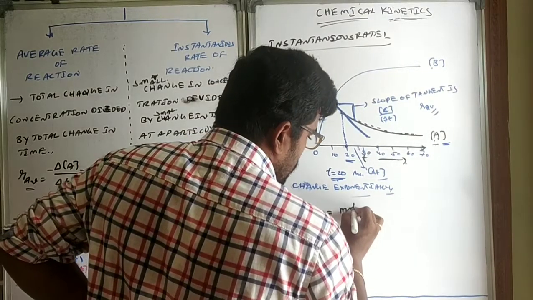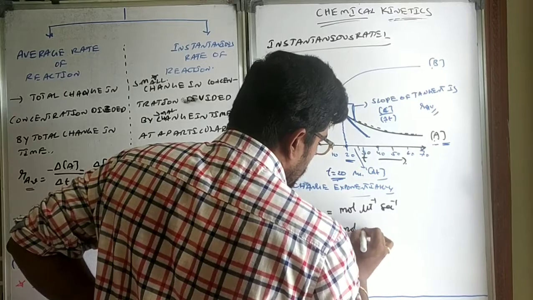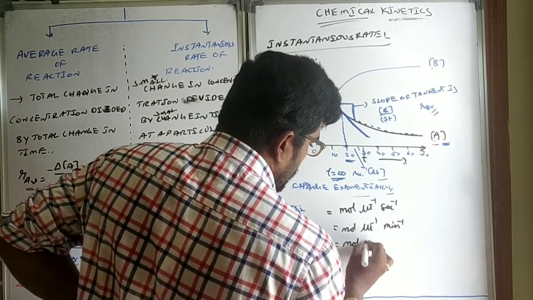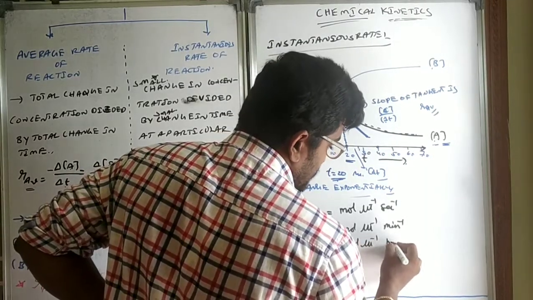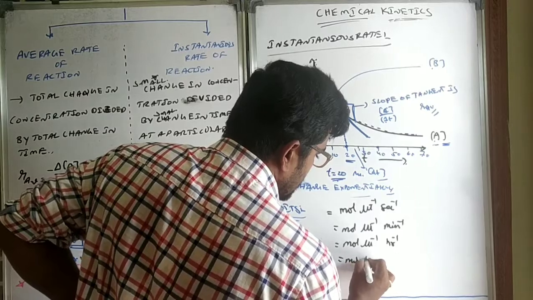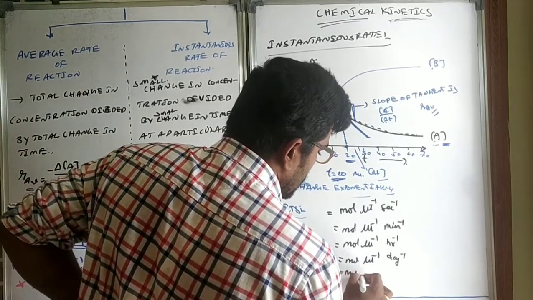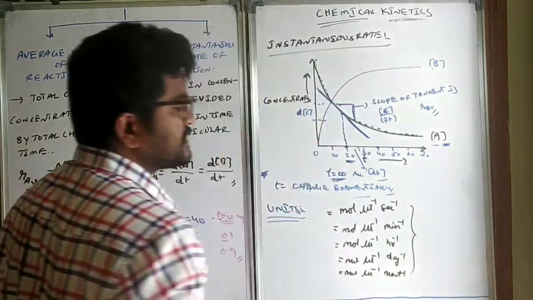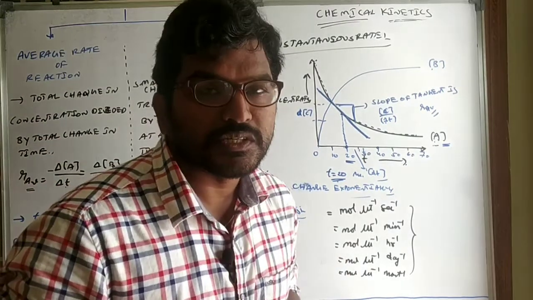Mole per liter per second, or mole per liter per minute, mole per liter per hour, mole per liter per day, mole per liter per month. Like this we can write the units for the rate of reaction.